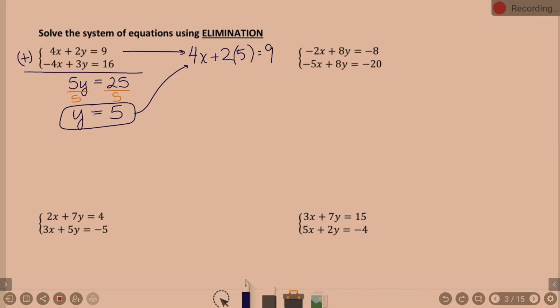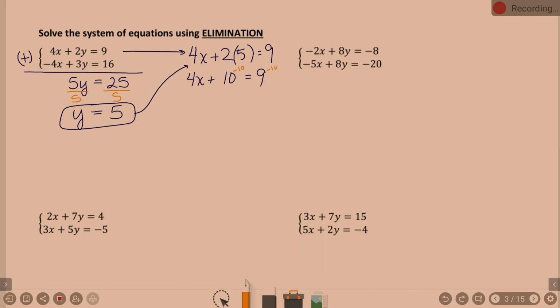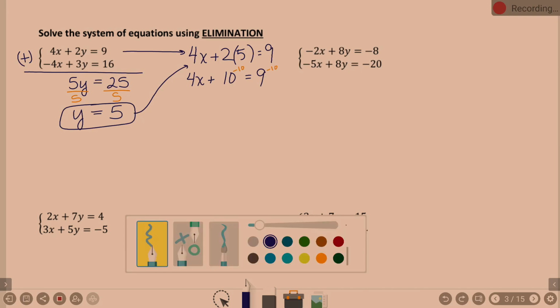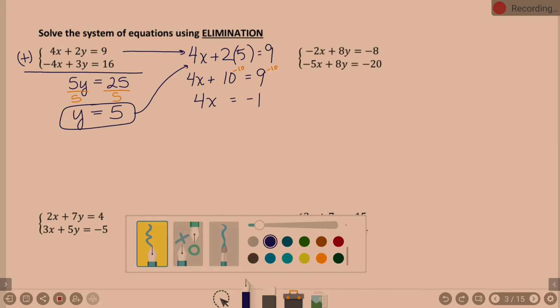Do some math. 2 times 5 is 10. So 4x plus 10 equals 9. 4x plus 10, what do I want to do? Subtract 10. And then I have 4x equals negative 1. If it's 4x equals negative 1, what's our final step to solving?